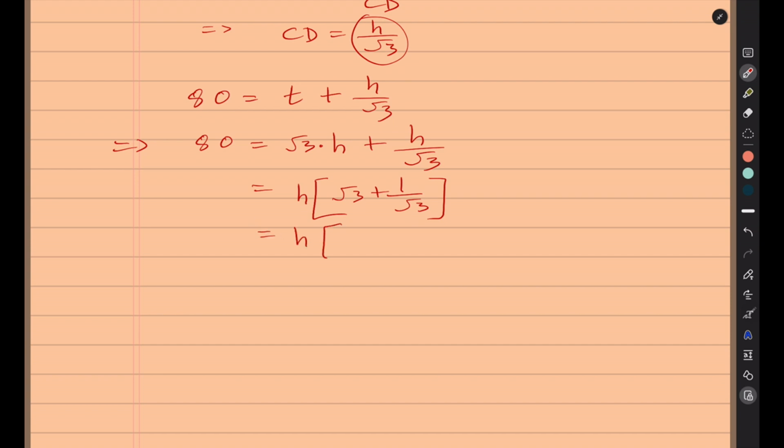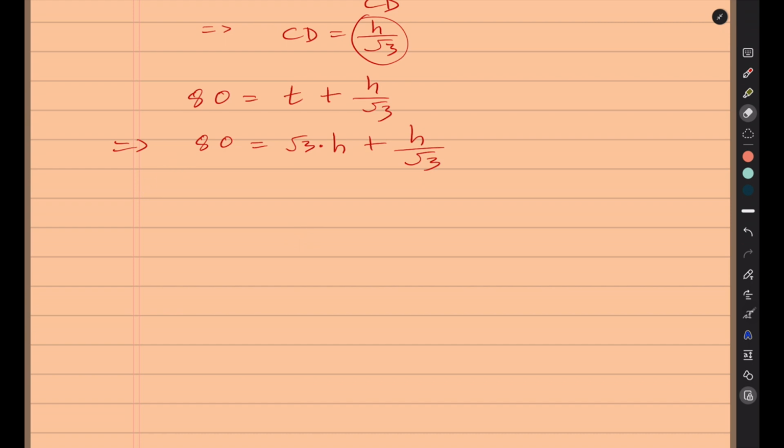Or we can write 3 divided by root 3. Okay, I think it's better not to do it like that, just for simplification purpose.